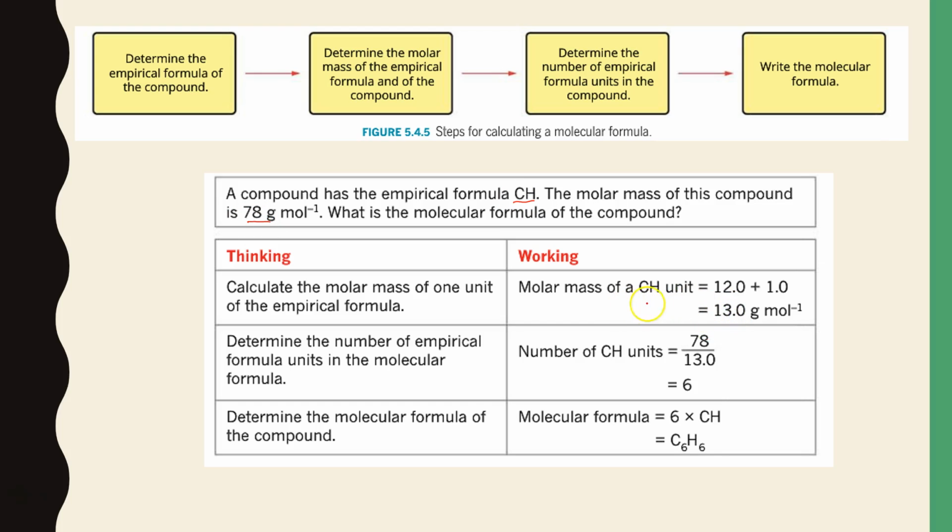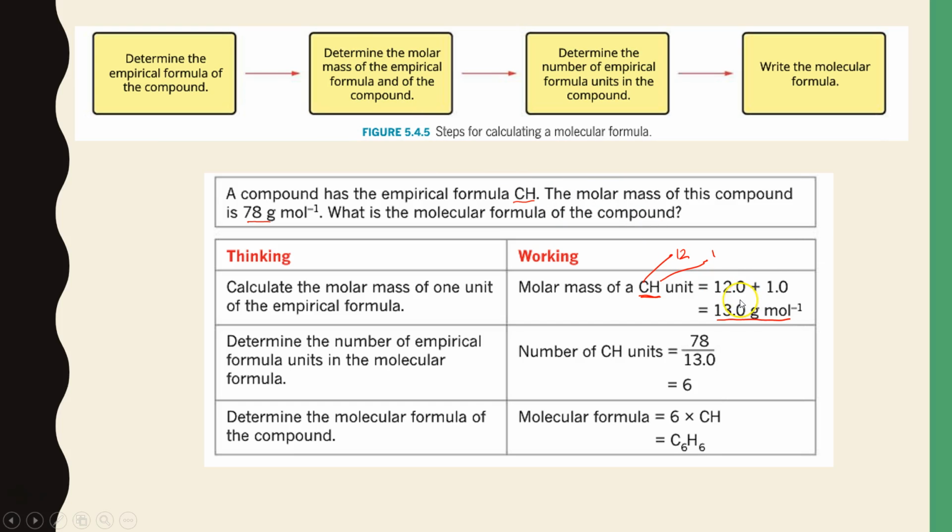So the molar mass of the particular CH unit, or the empirical formula that we're given, is going to be the relative atomic mass of carbon, which is 12, and the relative atomic mass of hydrogen, which is 1. So we've got 13 grams per mole as our molar mass there. We've determined the molar mass of the empirical formula and of the compound.